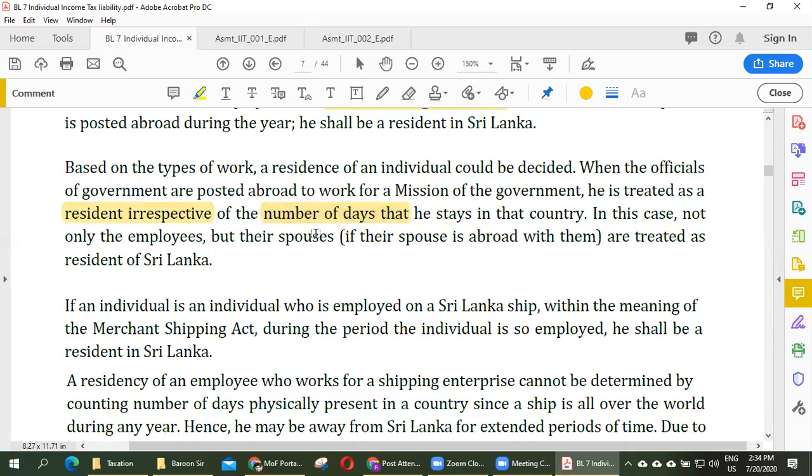We don't worry about the number of days they spent in South Korea. In this case, not only employees, but their spouses, if they are abroad with them, are treated as resident. Their family members are also treated as residents of Sri Lanka.